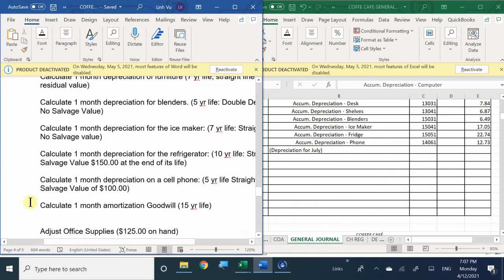Okay, so here we have, calculate 1 month amortization on goodwill, right?